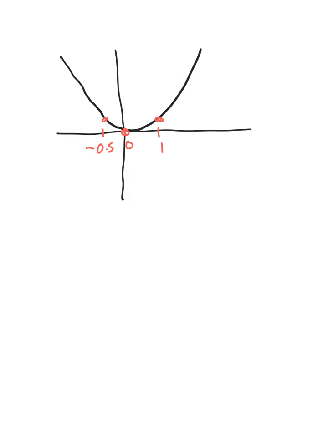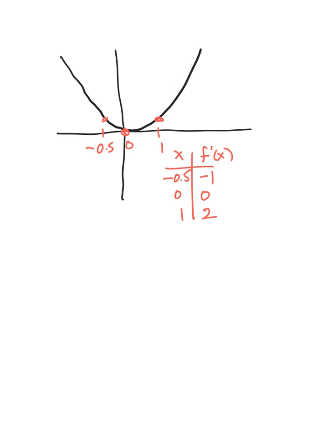At negative 1/2, I think we had a slope of negative 1, a derivative at negative 1/2 of negative 1. At x equals 0, we had a slope of 0. And at x equals 1, I believe we calculated the slope was 2.